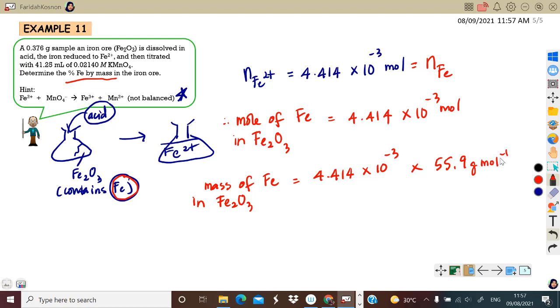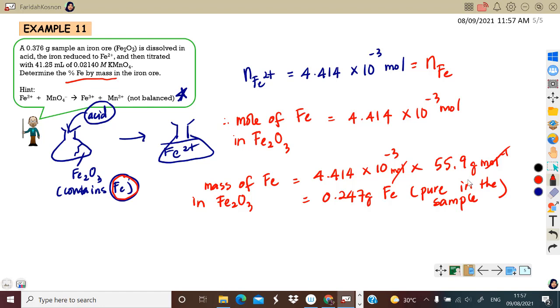Okay, so this is mole. Cancel. You will get 0.247 gram iron. Ini yang pure in the sample.